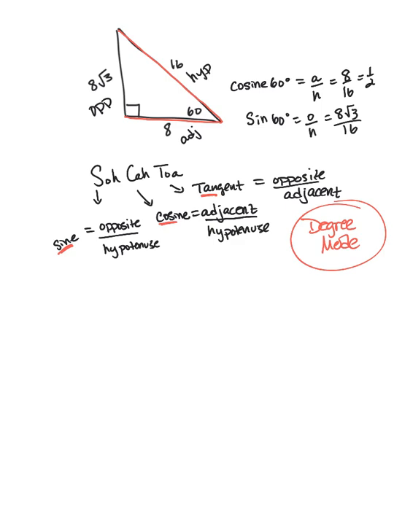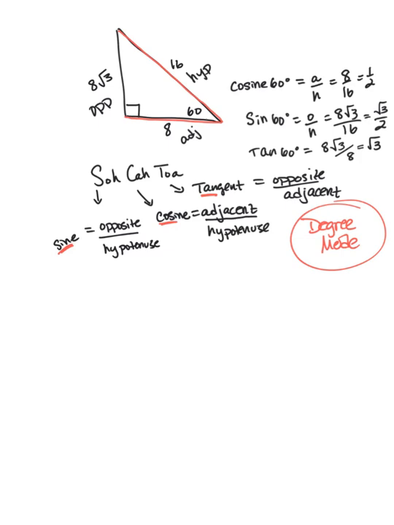This ends up reducing to rad 3 over 2. And then you have your tangent of 60 degrees, which is going to be opposite over adjacent. That's your opposite, your adjacent. So it ends up just being rad 3.